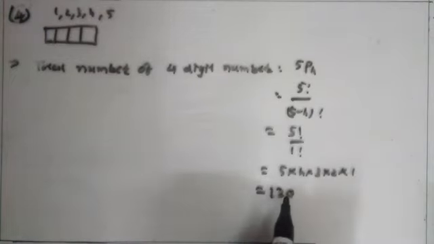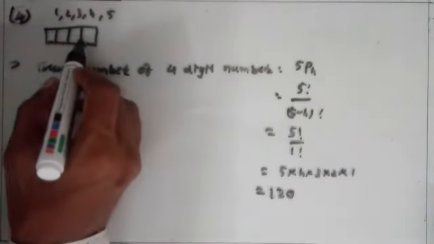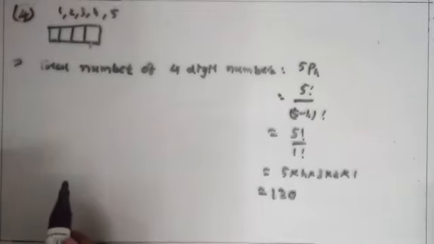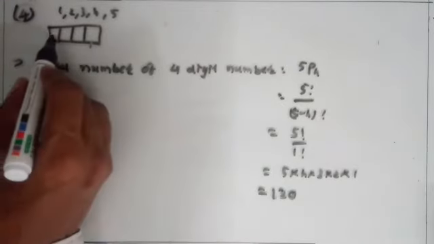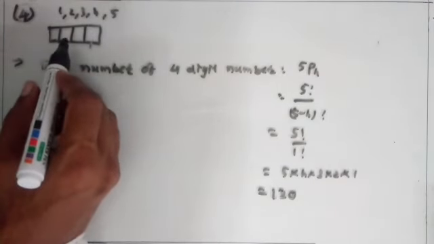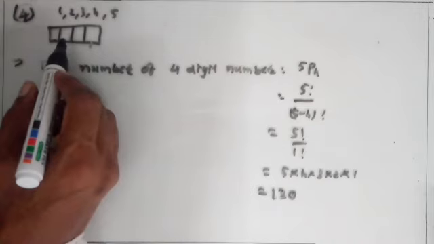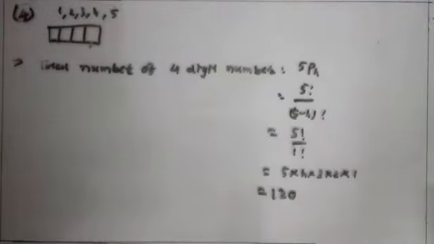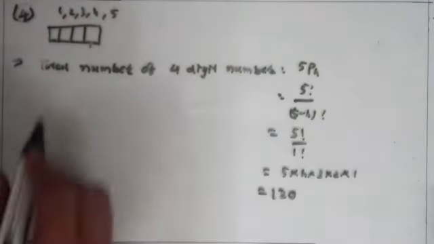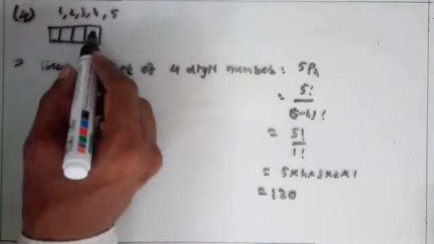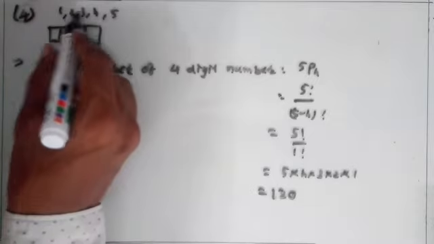Now to form an even number, first we fill the unit place. Find the number of 4 digit numbers that can be formed, of which how many will be even. Now to form an even number, we fill the unit place using digits 2 and 4.